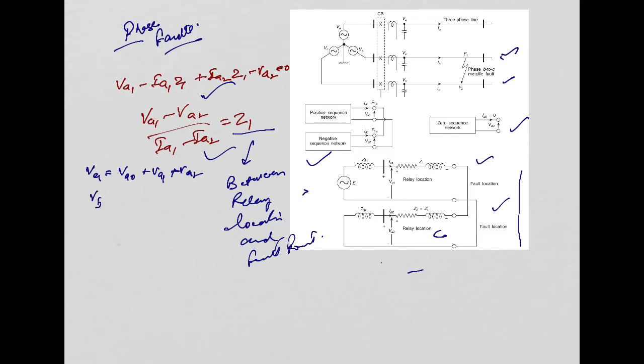Then we know that VB equals VA naught plus A square VA1 plus A VA2, and VC equals VA naught plus A VA1 plus A square VA2. Now we take the difference VB minus VC.